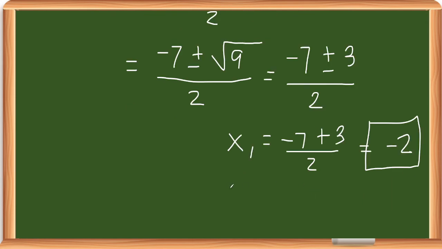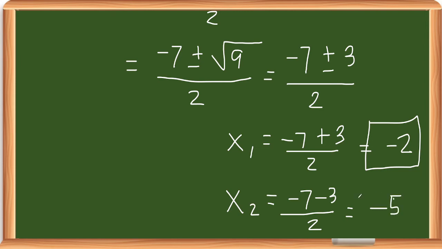Ang x sub 2 mo naman, if yung 3 mo is minus, negative 7 minus 3 all over 2. And this is negative 10 over 2. That's negative 5. So x sub 1 is negative 2 and x sub 2 is negative 5.